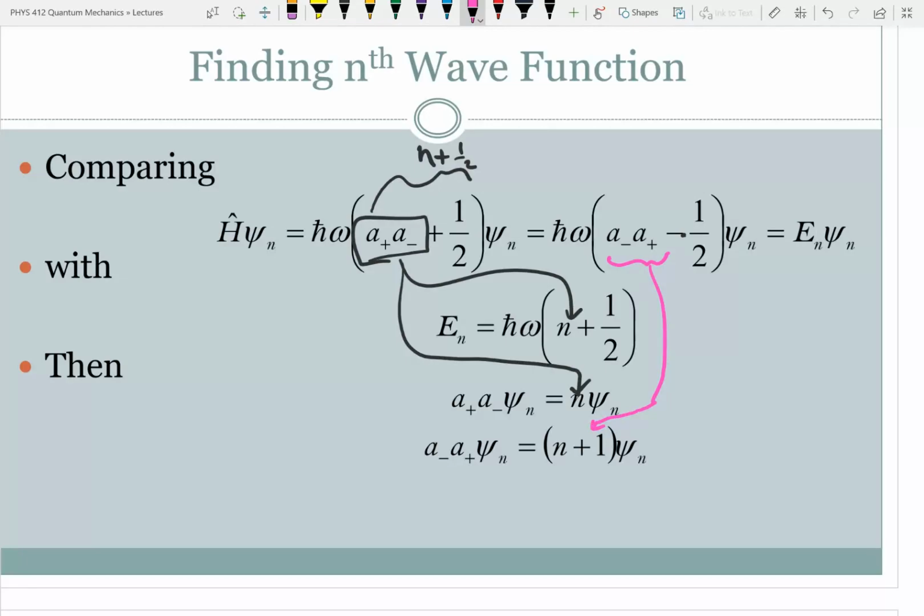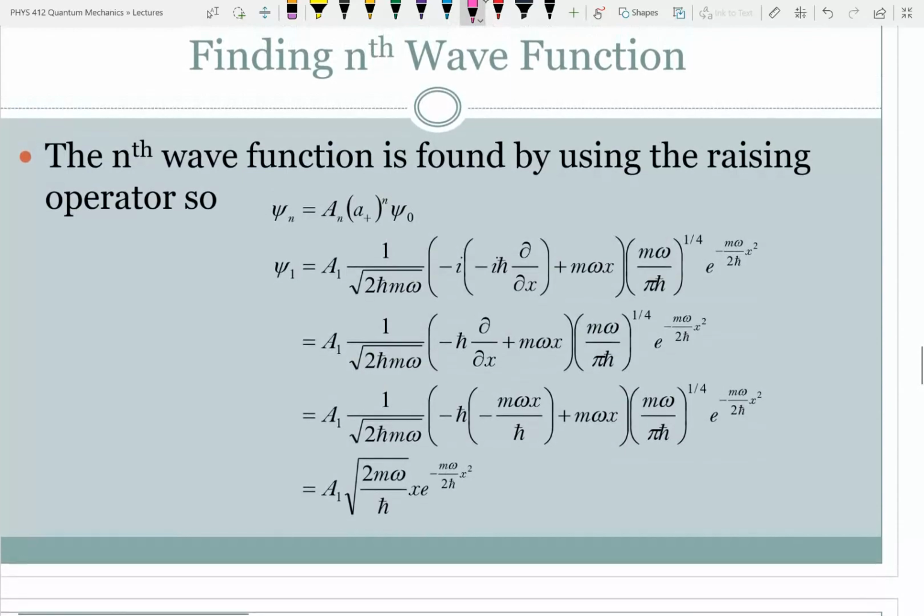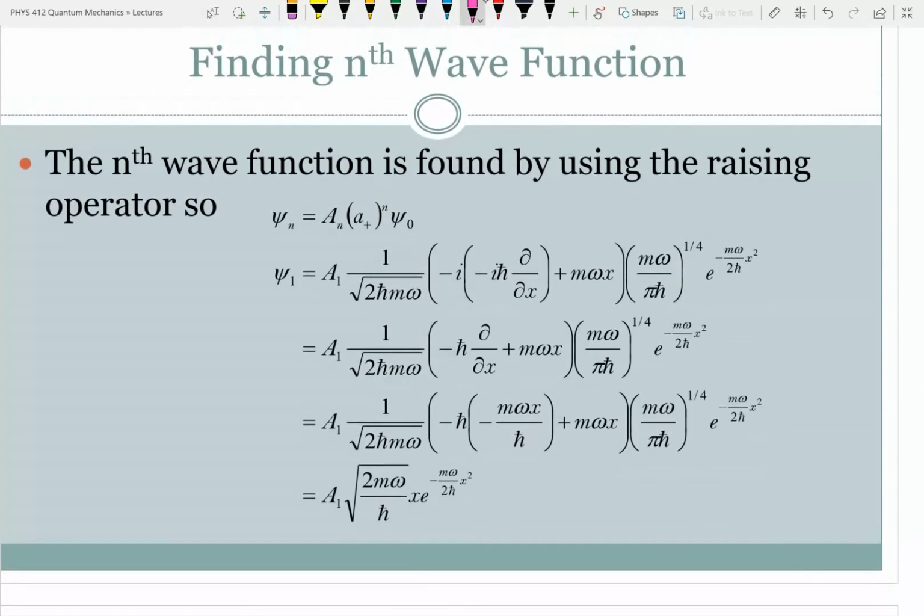So we have eigenvalues for A plus A minus, and A minus A plus. Those are going to help us in finding all of our different wave functions. And here's how. If I want to go to the nth wave function, I'm going to have some normalization constant A sub n, which right now we're remaining like, I don't know what it is.